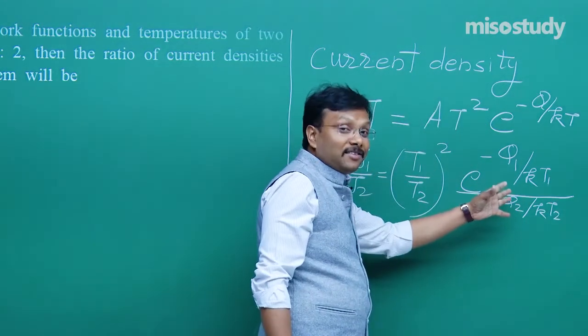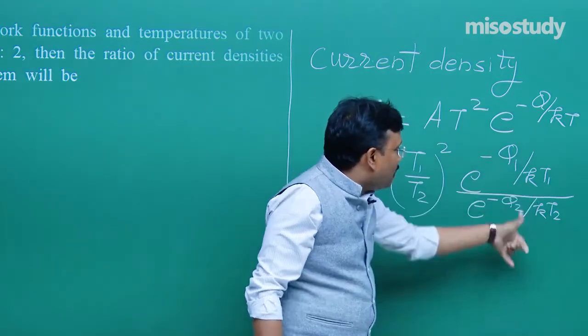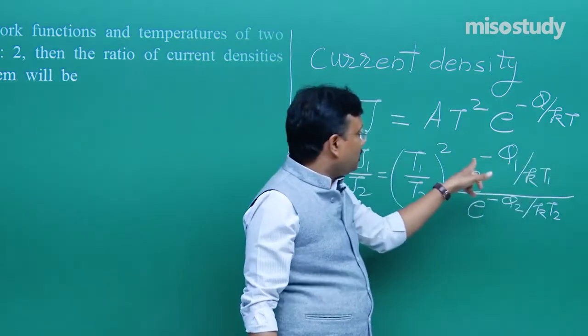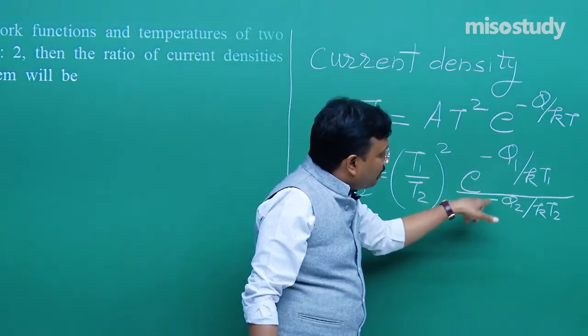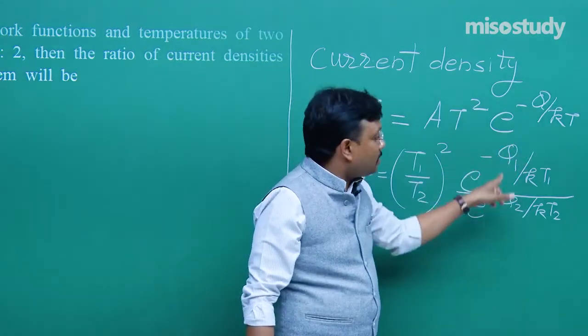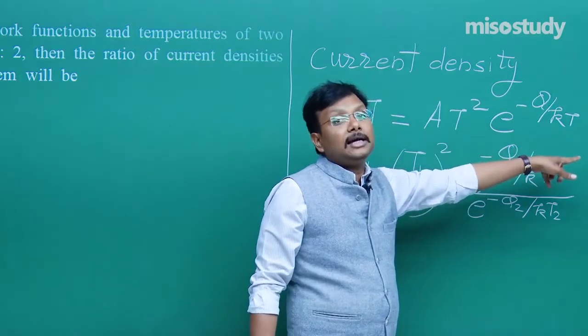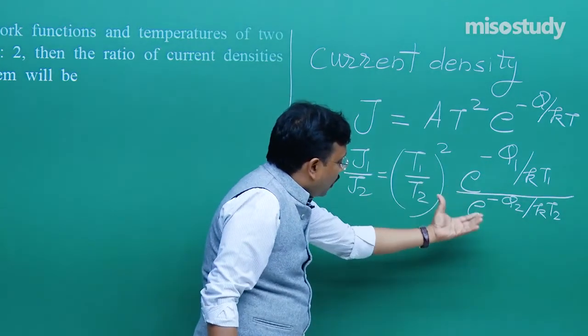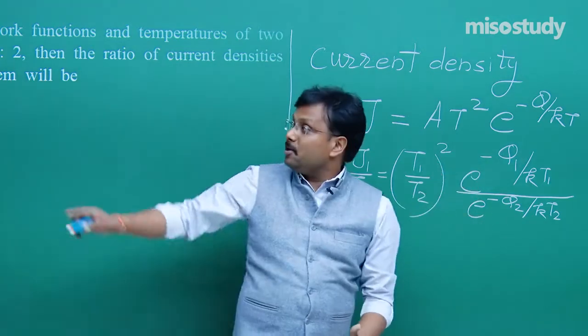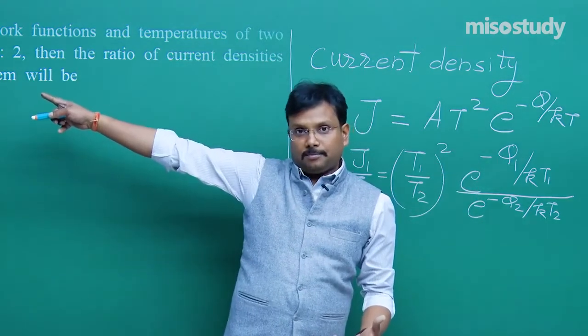So simply you can't cancel it. You have to pick this value and put it upside. So it will be minus phi 1 upon KT1 minus, shifted upward, so it is plus phi 2 upon KT2. Fine. And then you have to solve these terms by means of the values given.